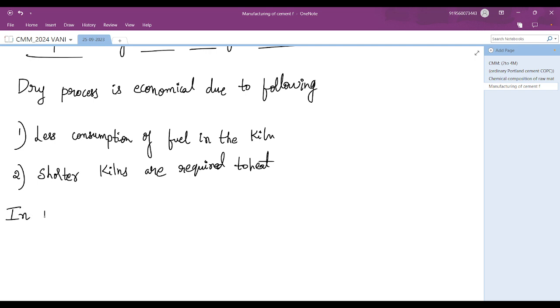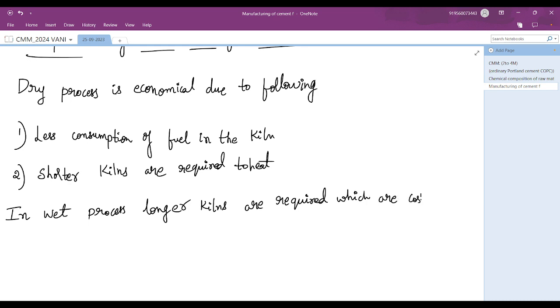In the wet process, longer kilns are required, which are costly and less responsive to variable clinker demand.